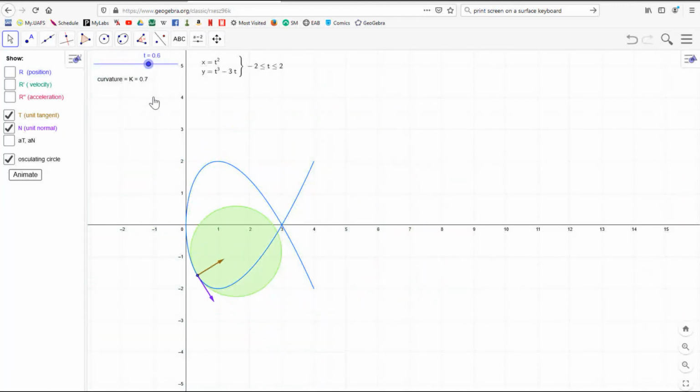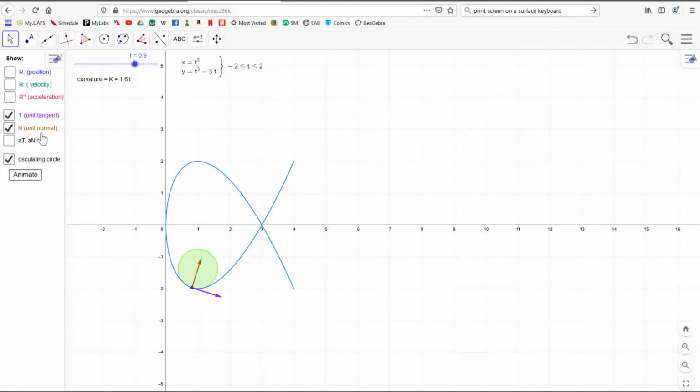Okay, and you see that for the moment I have turned on the unit tangent vector, which is the purple one, and the unit normal is the gray one. They're miscolored over here. I can actually fix that, I think. Get them colored correctly.